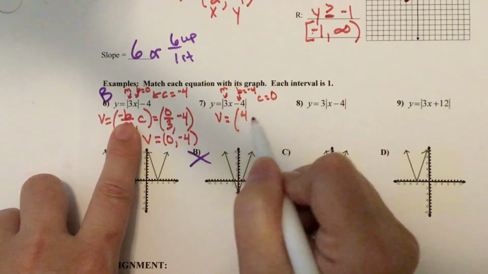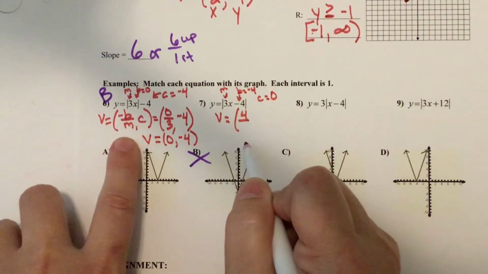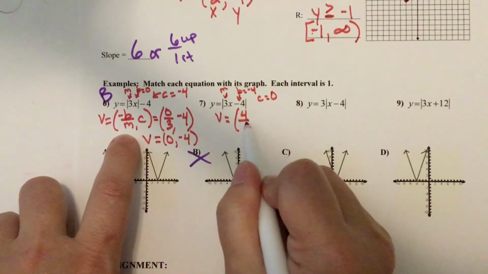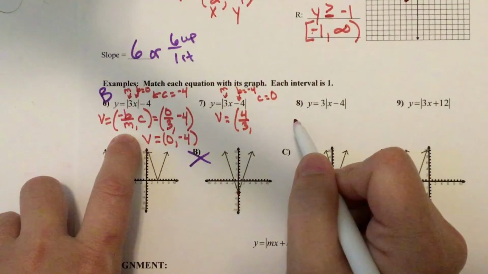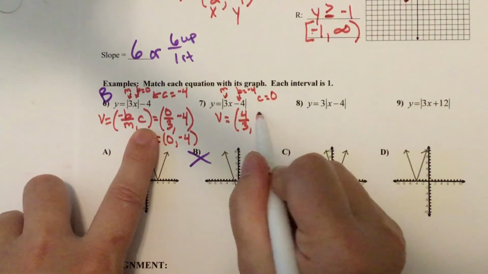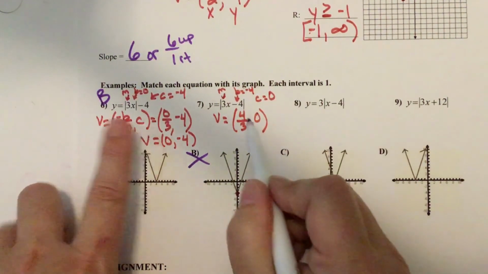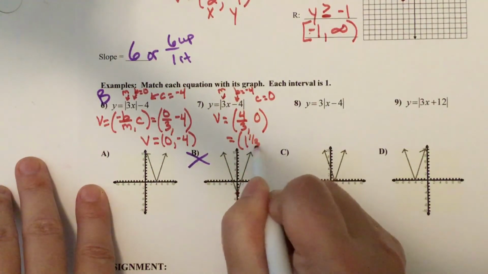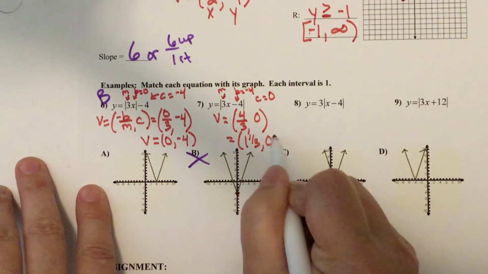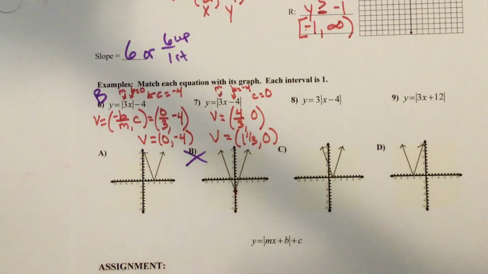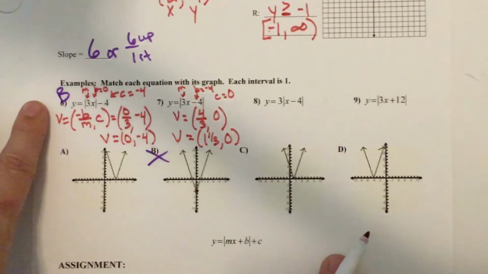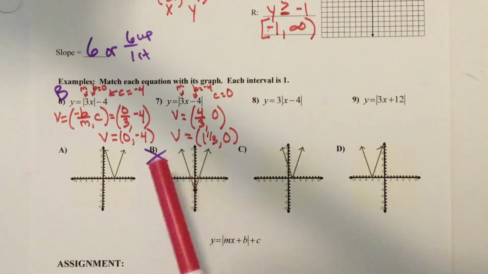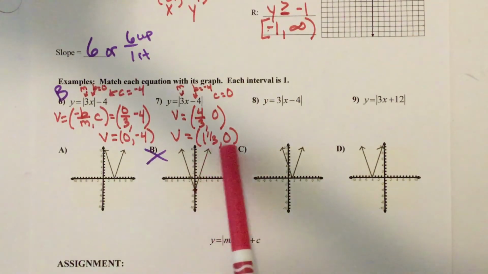A +4. Put your divide bar. Who's M? 3. And then who's C? 0. Okay, 4/3 is the same thing as 1 1/3, or 1.33333 repeating. Which graph looks like the vertex is 1.333, 0?